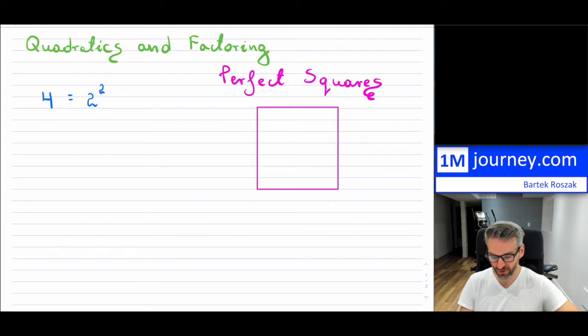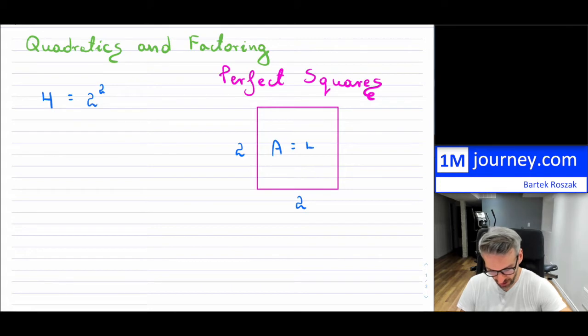The reason we say this is a perfect square is that if you look at a square, where all the sides are the same, and this side was 2 and this side was 2, then your overall area would be 4, because it's just 2 times 2. That's what makes 4 a perfect square, because it is made up of 2 squared.